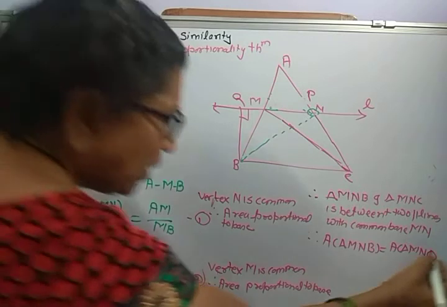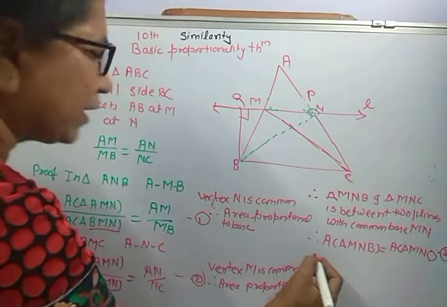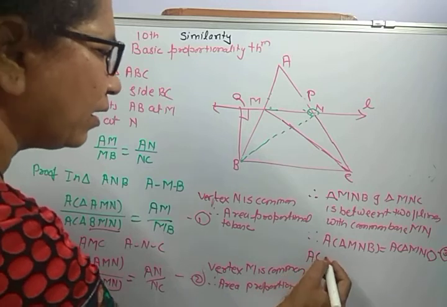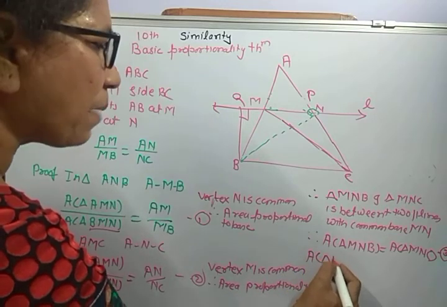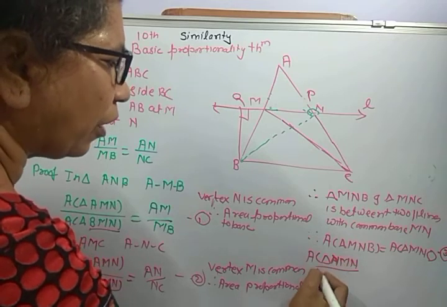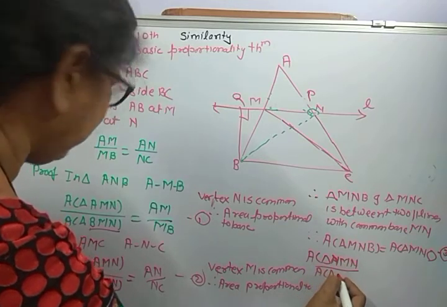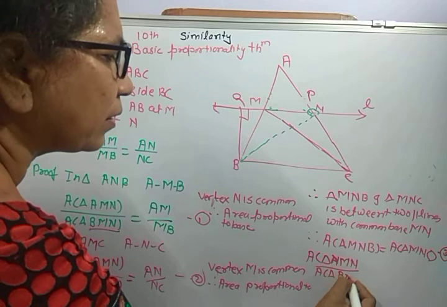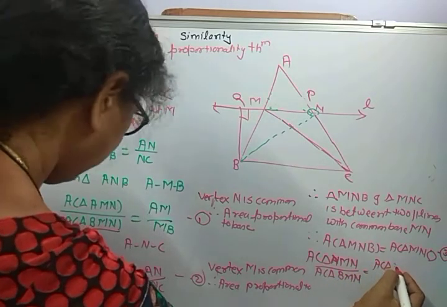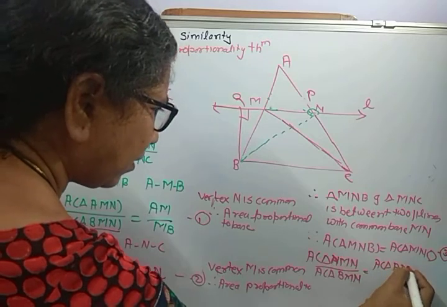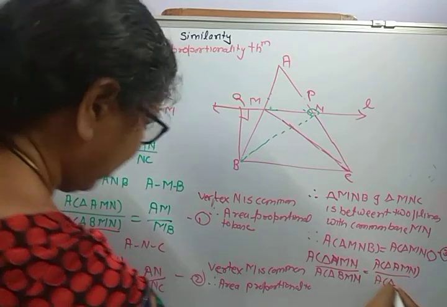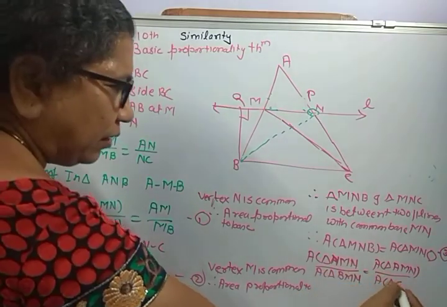So from 1, 2, 3, we can write area of triangle AMN upon area of triangle BMN is equal to area of triangle AMN upon area of triangle CMN.